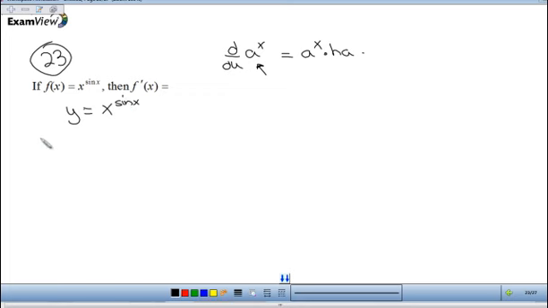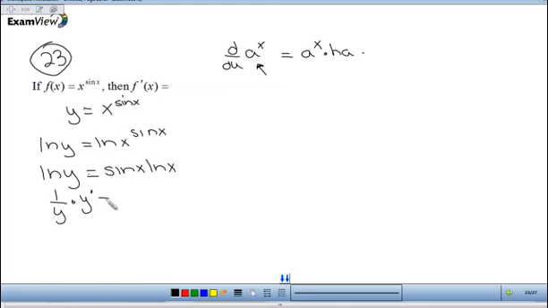I'm going to take the ln of both sides, kind of a little trick. And the reason I do that is now I can move the sine of x down using the properties of log. So if I take the derivative now, the derivative of ln of y is 1 over y, 1 over u times the derivative of u.